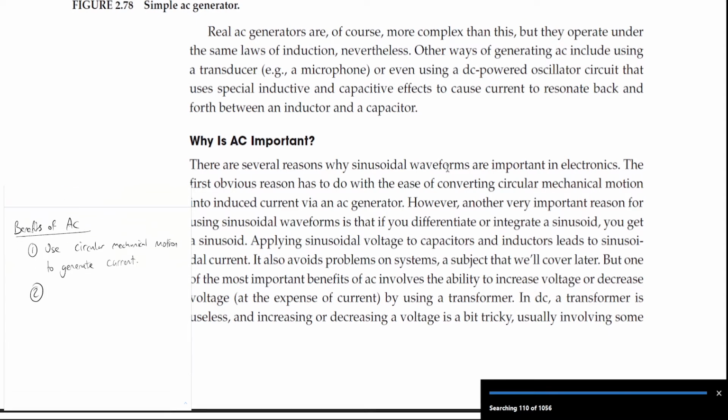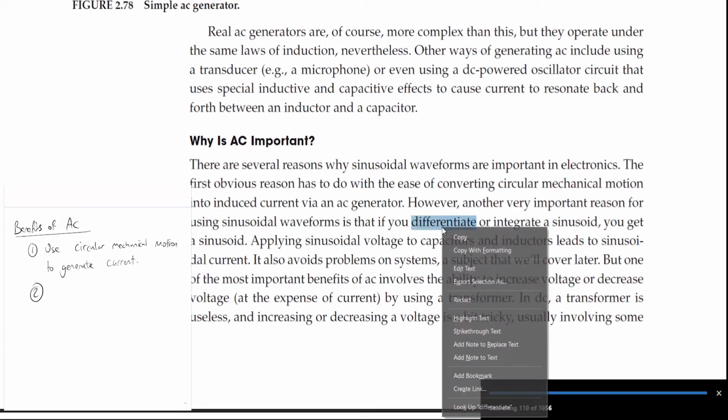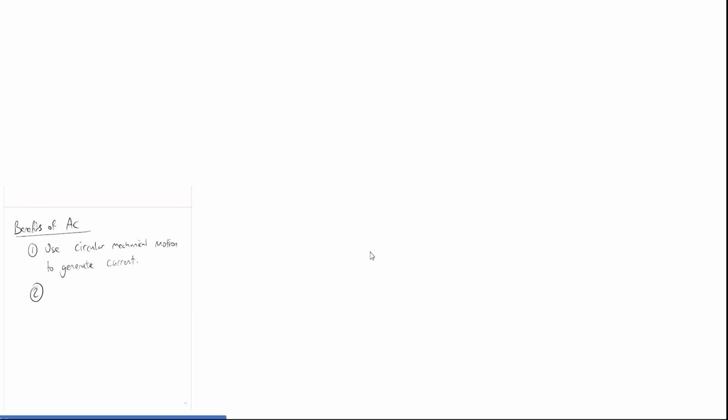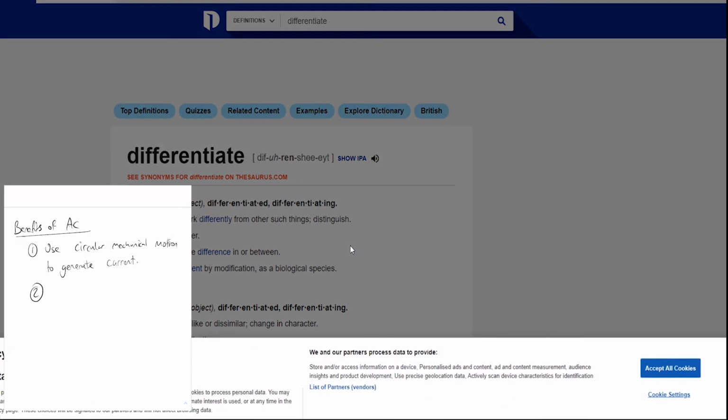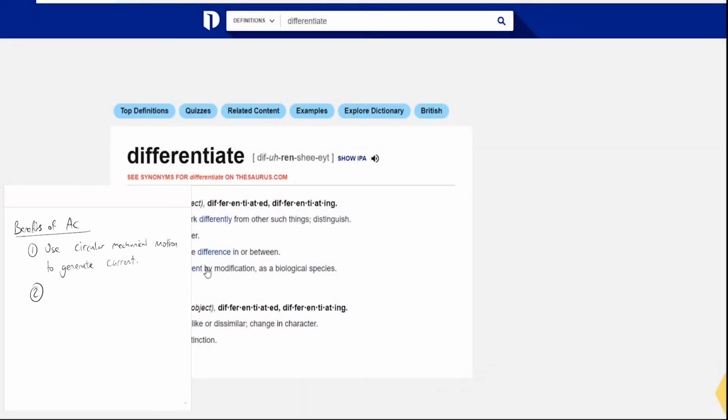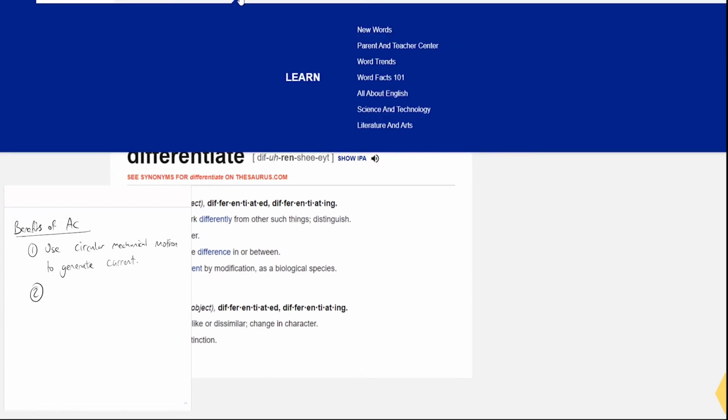And number two, what was it? Something about putting a sine wave in, you get a sine wave out. That was it. If you differentiate or integrate a sinusoid. What does it mean to differentiate? Perform or mark differently from other such things to distinguish it, to change or alter, to perceive the difference in or between. That's what I understand differentiate to mean, but that doesn't seem like the manner in which they're using it.